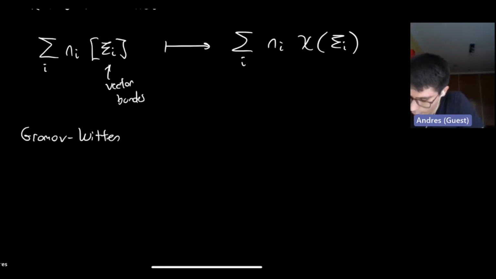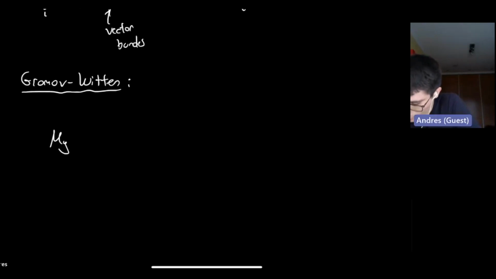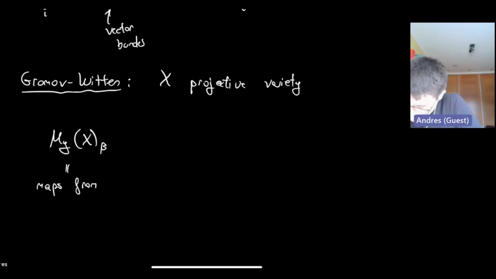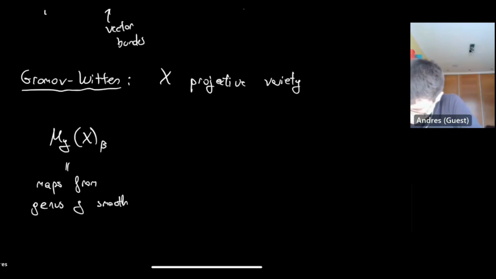Okay. And maybe I should say that since we're already here, there's a slightly more general setting. So this is in some sense Gromov-Witten theory of a point, but more generally, Gromov-Witten theory concerns itself with morphisms from, so let's fix X a projective variety, and then we have the moduli of morphisms or maps from genus g smooth curves with some topological invariant.